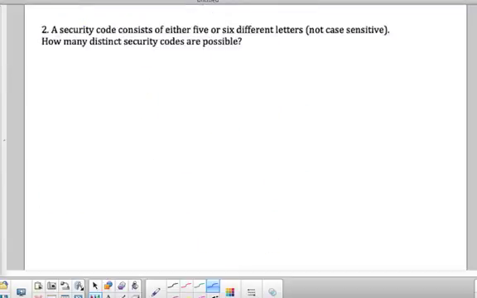So here is another example where we can use the rule of sum. A security code consists of either 5 or 6 different, and the key word here is or, different letters, and they're not case sensitive. How many distinct security codes are possible? So the number of codes, since we're only using letters, is going to be a permutation.